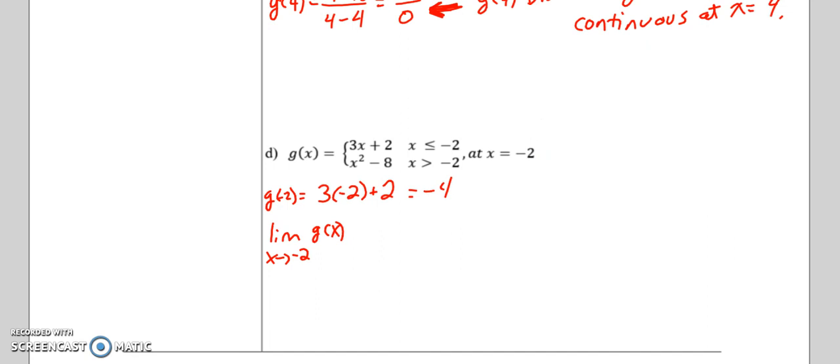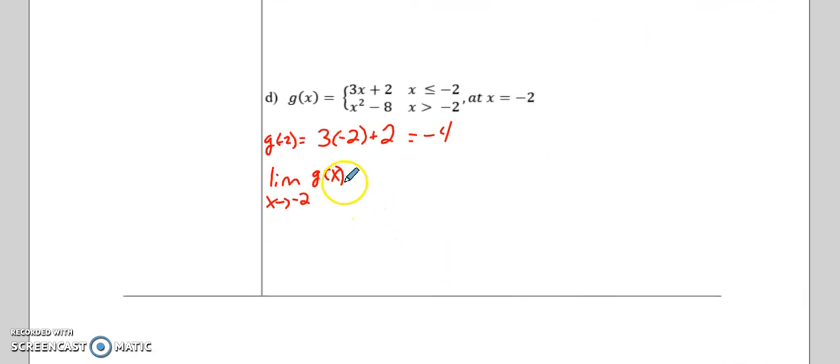So, in order for us to find the limit, we have to see, is the left side limit, so as x approaches -2 from the left, equal to the limit from the right of -2?